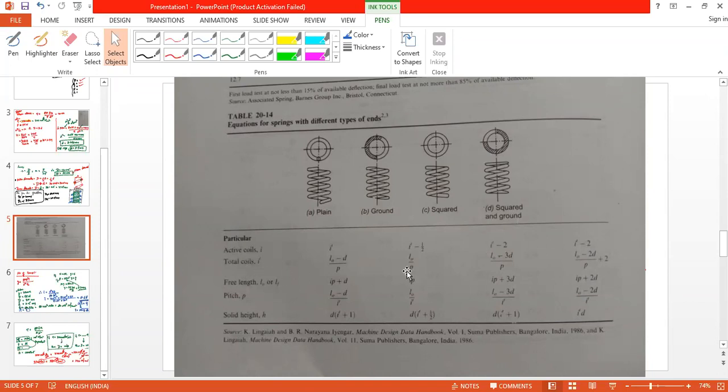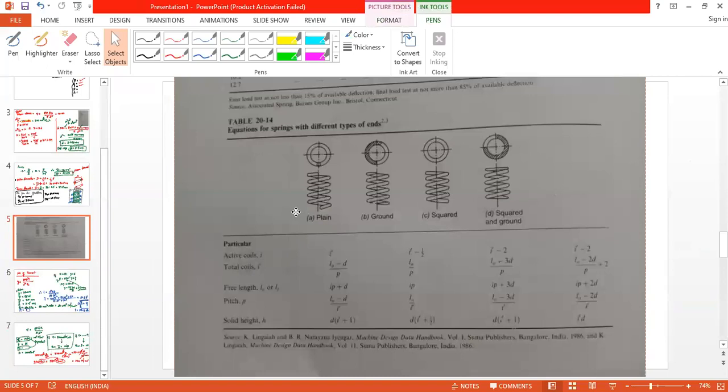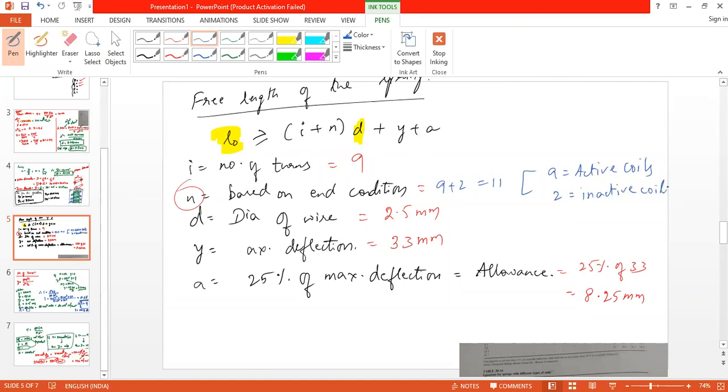So total coils n is 11, that is 9 active coils and 2 inactive coils based on square end condition.